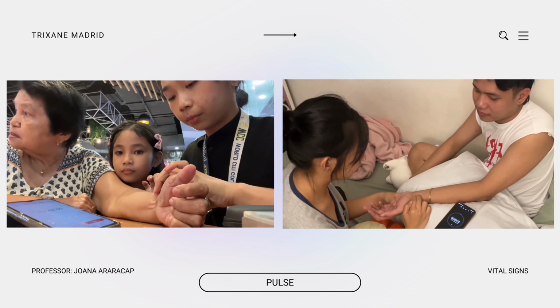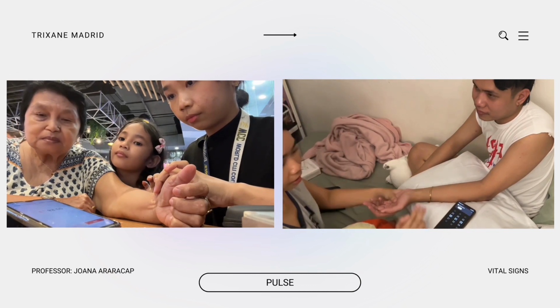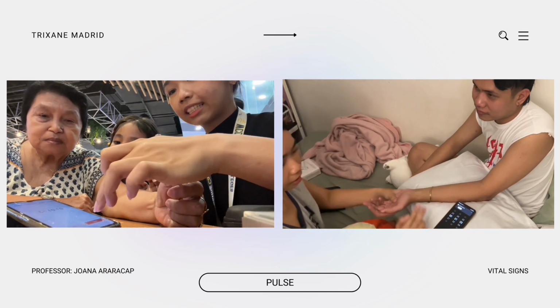My patient on the left side has 73 BPM and my patient on the right side has 84 BPM.